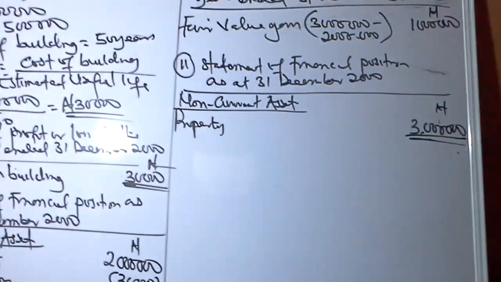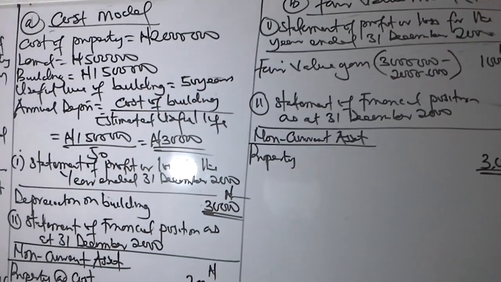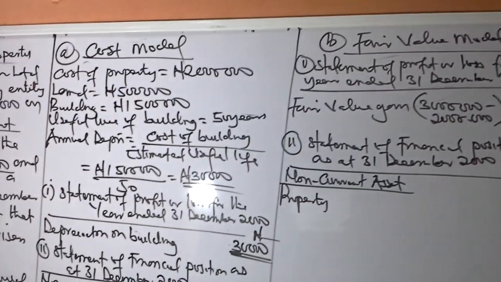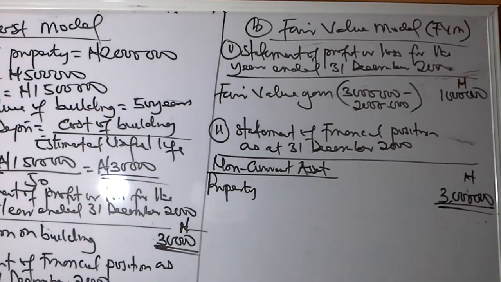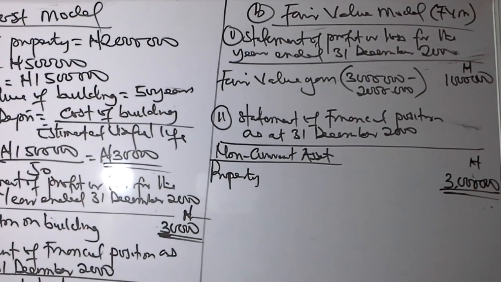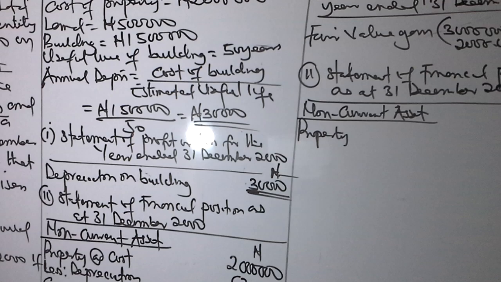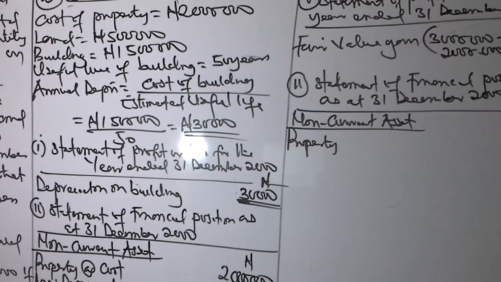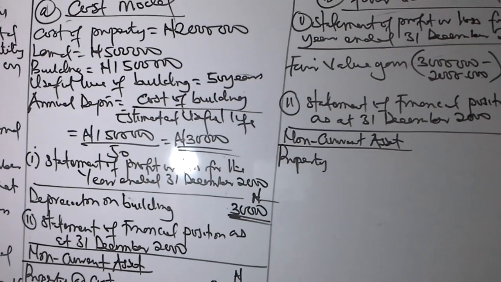Now we can see the difference in the treatment between the cost model and the fair value model. Under the cost model, you are going to depreciate the investment. But under the fair value model, there is no depreciation. Is that clear? So this is the end of the first lecture.